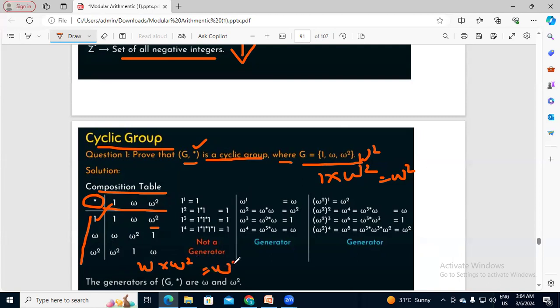Omega cube is not there in the set, right? So omega into omega square will be 1.